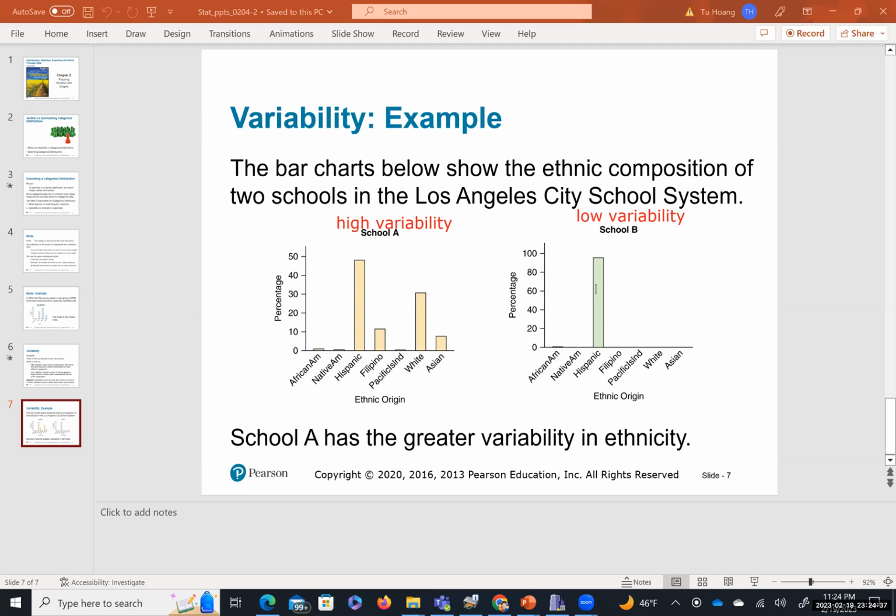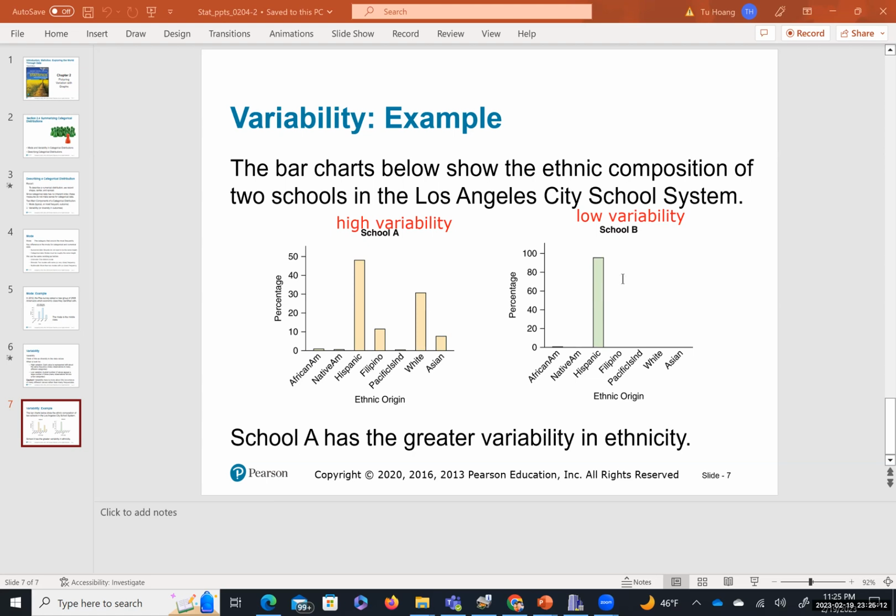And for the second bar graph, we have everyone focused in one. Even though we have the same categories, everything gets put into only Hispanic. So that is about variability of the categorical distribution. Okay, so we finished 2.3 and 2.4.